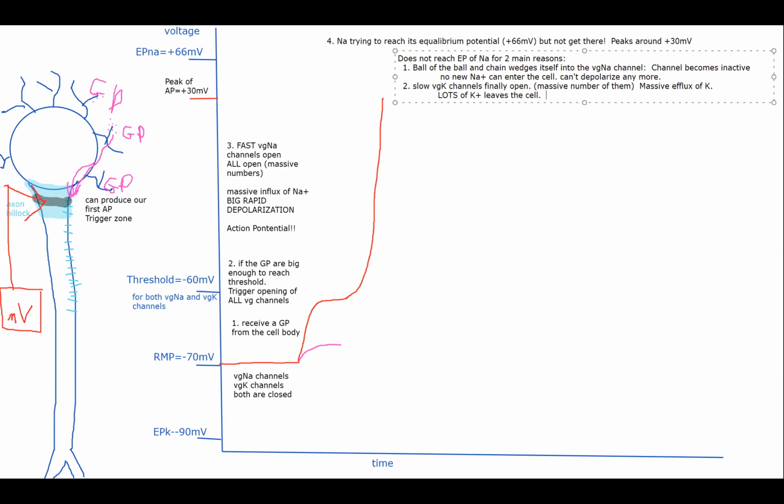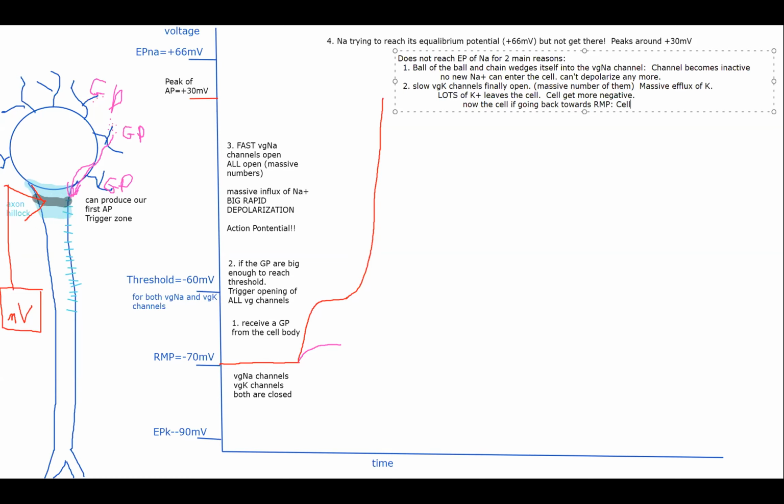And of course, if lots of potassium is leaving the cell, the cell gets more negative. Right? Because a positive ion leaving the cell makes the cell more negative. And so the key to this is not only does it stop getting more positive, but this cell is going back towards resting membrane potential.